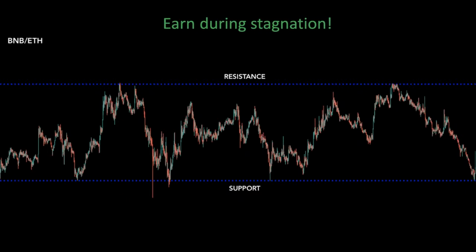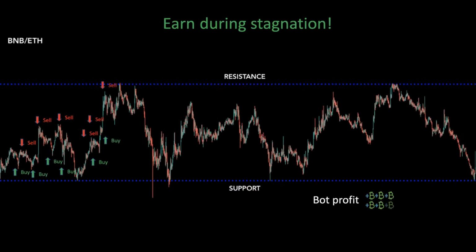Same applies to the sideways market. The idea here is to earn during the stagnation. So once again, you let the bot find opportunities on the market to buy low and sell high, even though the price stays in the neutral zone. The sideways market is basically the stagnation.